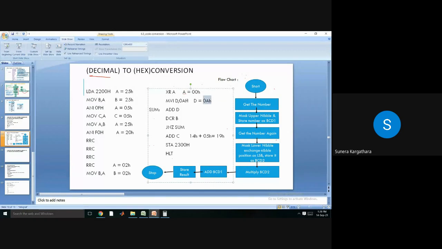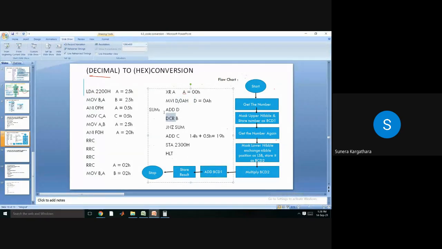So here initially we are taking 0A into register D and adding it with the accumulator. Initially the accumulator's content is 0 and register D is loaded with 0A. So 0A plus 0, your answer is 0A. You are decrementing your register B by 1, so 2 will become 1.